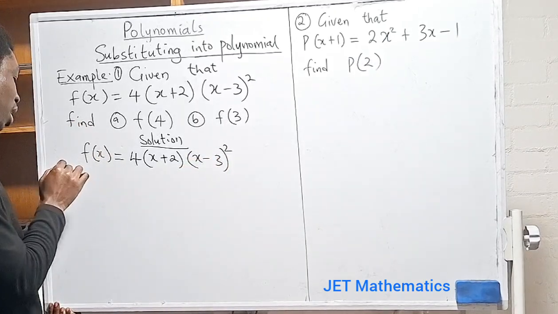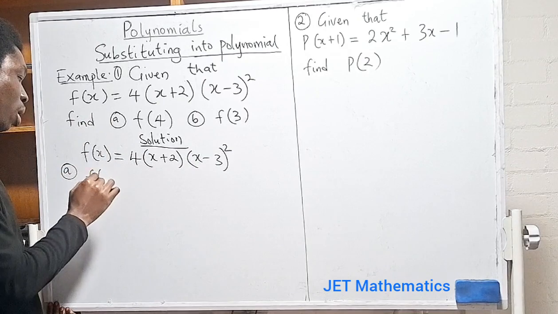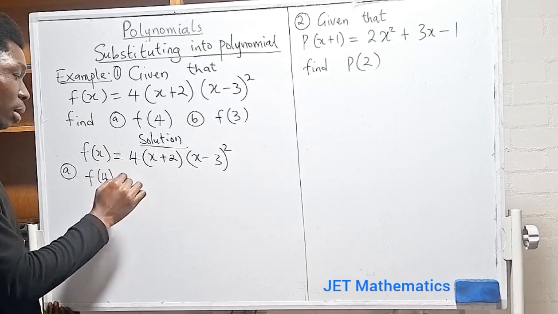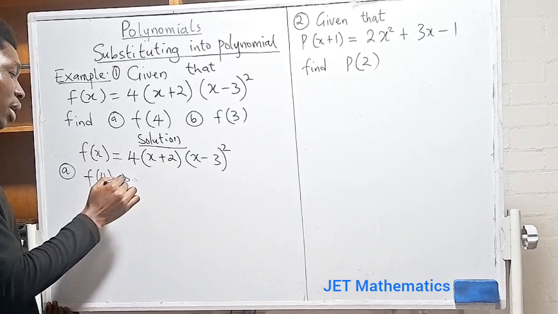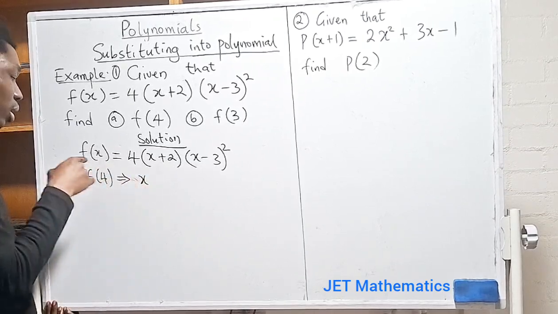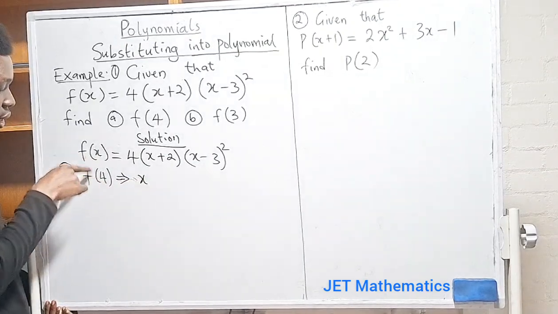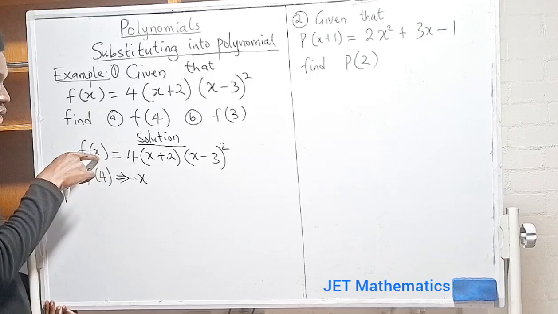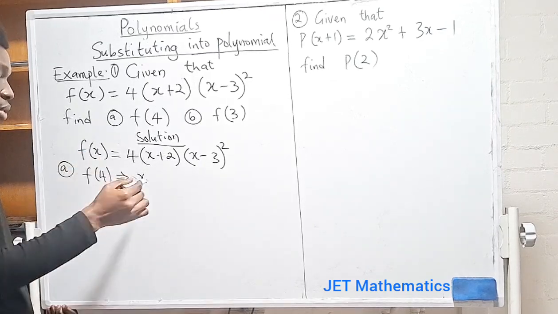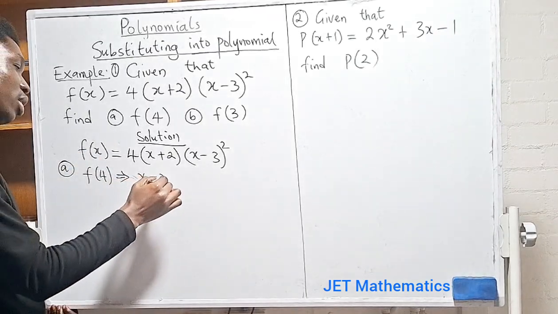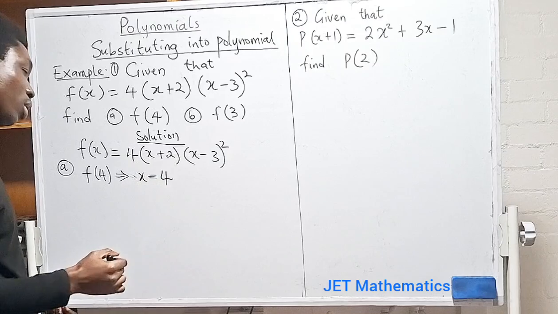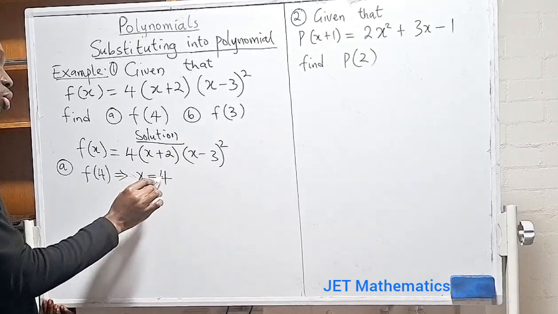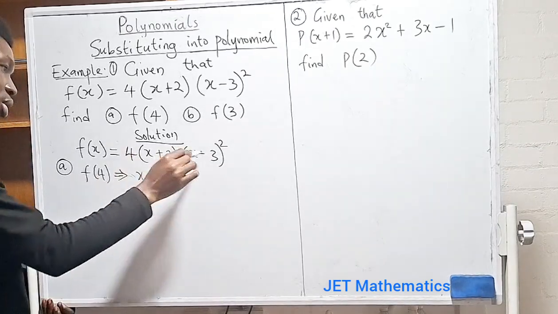Now we're asked to find f of 4. F of 4 implies that 4 is represented by x here. So it implies x is equal to 4. Okay, so all we need to do is to substitute x equals 4 into this.